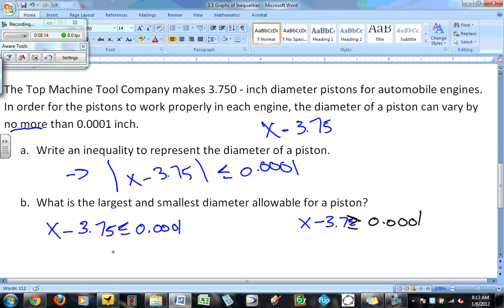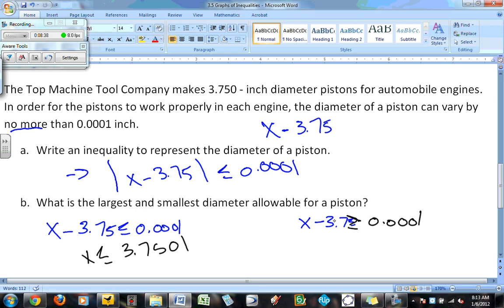All right, and we solve both of these by adding 3.75 to 0.0001, and we get x is less than or equal to 3.7501.